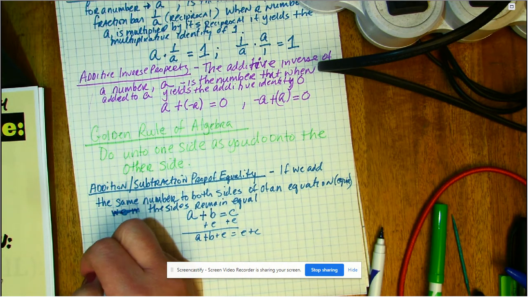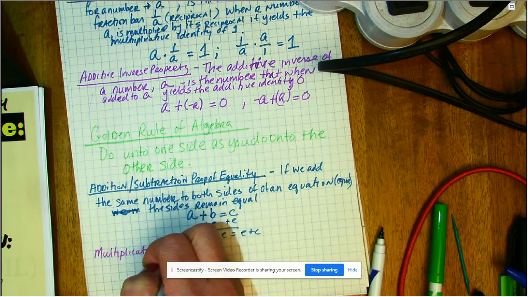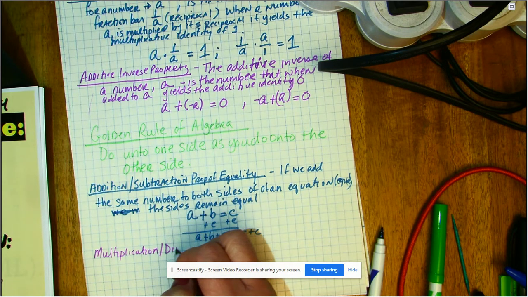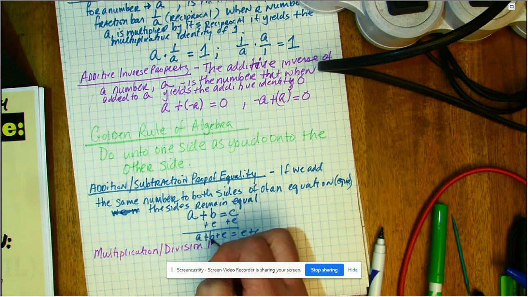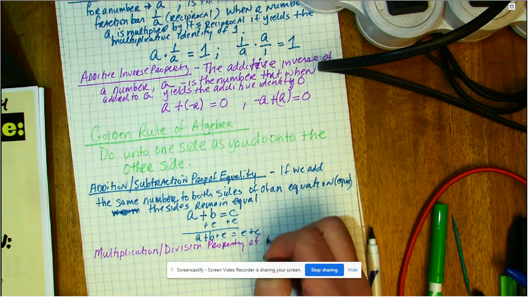Then we have the multiplication, division property of equality.